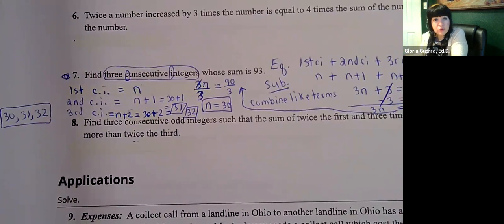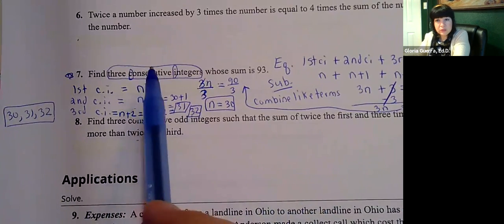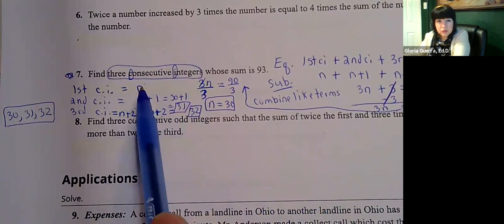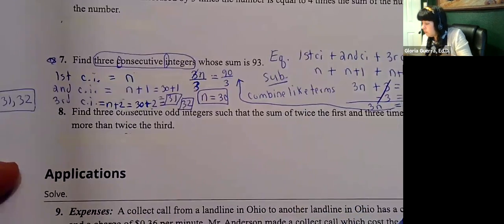Okay. I do want to do A, but not right now. Let me do some of the other consecutive, consecutive even, and consecutive odd problems. So we did 7.